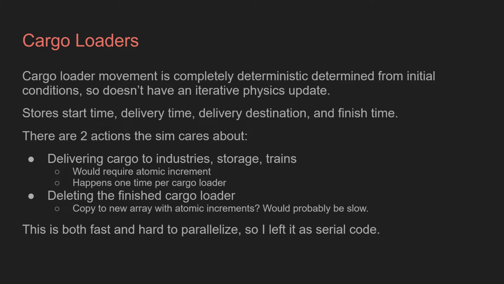But removing the finished cargo loaders would be pretty slow or potentially difficult. The simplest solution I can think of would be to copy the cargo loaders to an entirely new array and just not copy them over if they're intended to be removed. Whenever adding a cargo loader to the new array, there would be an atomic increment. But atomic increments are slow, and that would be orders of magnitude slower than just doing the code serially.